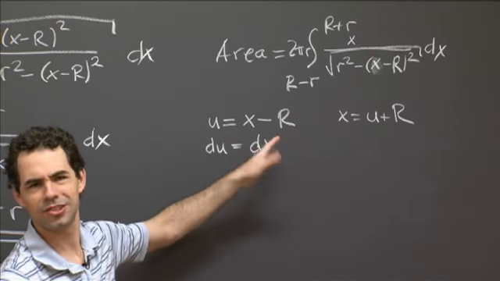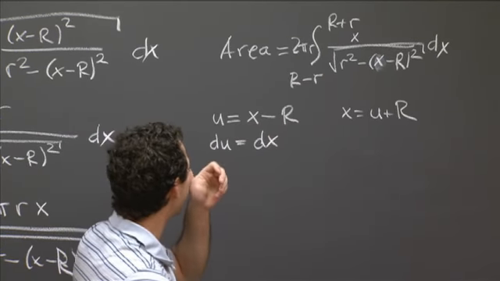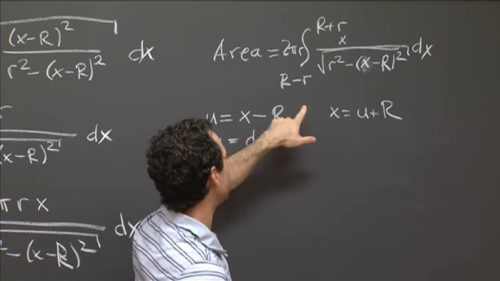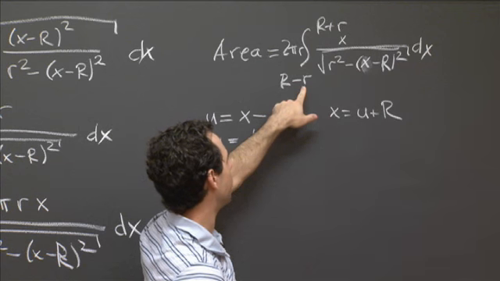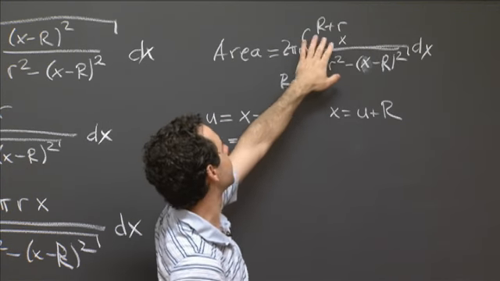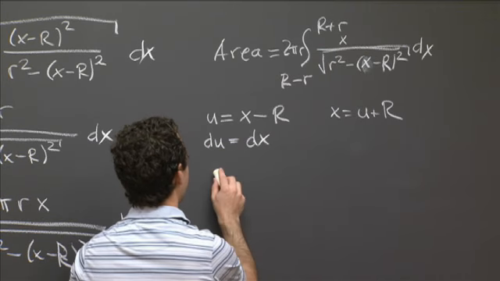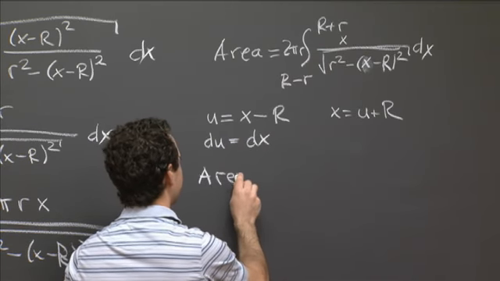So this is a simple little substitution. And I'm going to have to move the bounds. When x is big R minus little r, then u is minus little r. And at the top bound, u is going to be equal to positive little r.